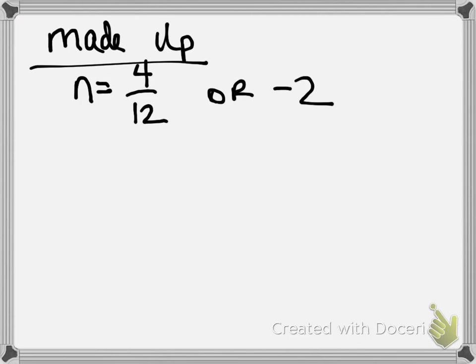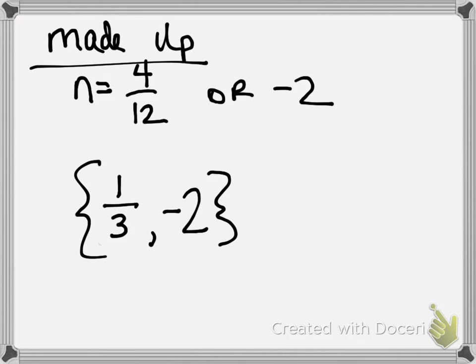I just made this up. 4/12 is not going to be in your bracket. 1/3, however, will be, because you have to always simplify your fractions. So if you come to the end of a problem and you don't see your answer there, check the fraction, make sure it's simplified before you go back and redo all of that factoring. Just double check that. Okay, good luck.